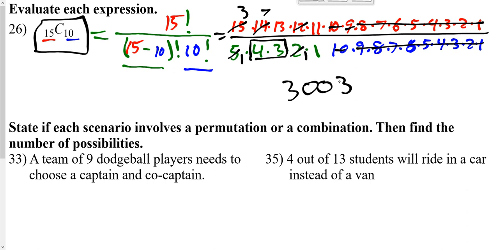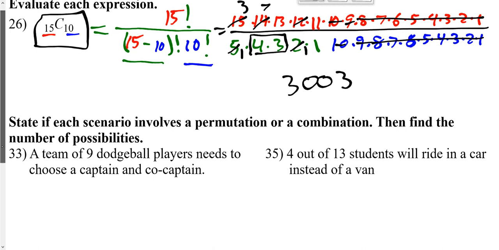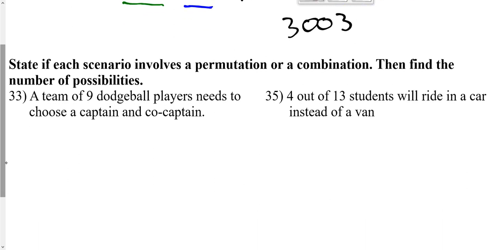So when we're looking at number 33, is this a permutation or a combination situation? So in other words, you got to decide, if I switch the order in selecting them, does that give it a different situation? Now, down below here, if you select George to be the captain and Christina to be co-captain, that's a different situation than if Christina's captain and George is co-captain.